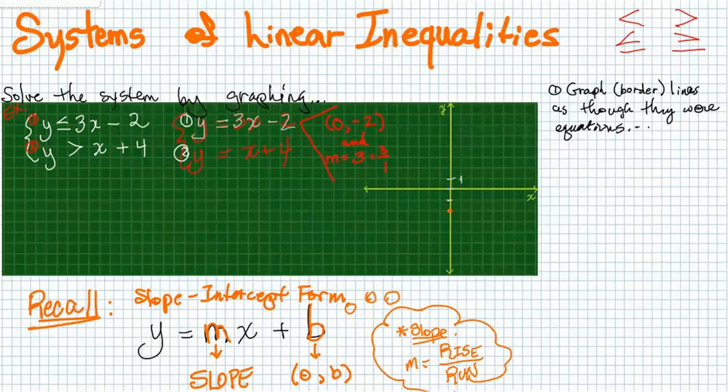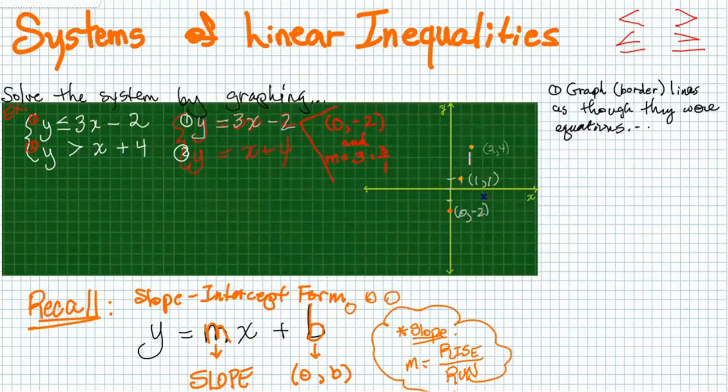And what point is this? By the way, let me label the y-intercept of (0, -2). Our new point is going to be what? From the origin, we count 1, 1. You're right there. Let's go one more time. We'll rise 3, 1, 2, 3, run 1, right there.